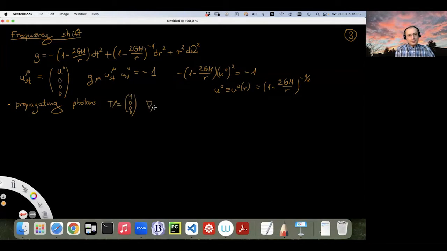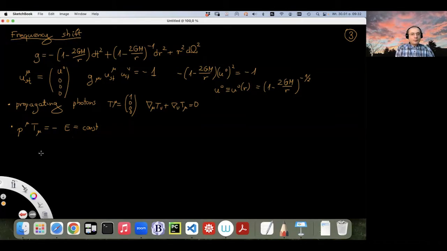We know that this is 0. And in that case, we know that for every photon, we have p_μ T^μ equal to minus the energy, the conserved energy, this is constant. We have proved that for a photon undergoing a geodesic motion, this product, which we call the total energy, is conserved.